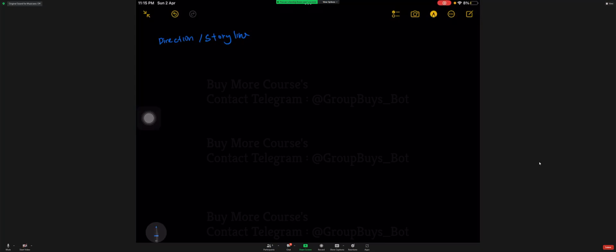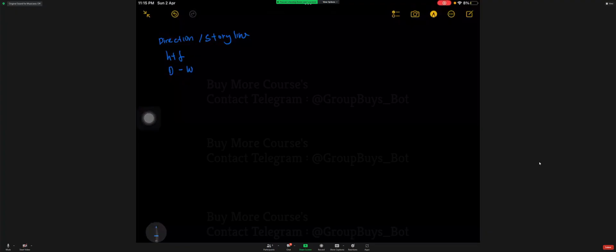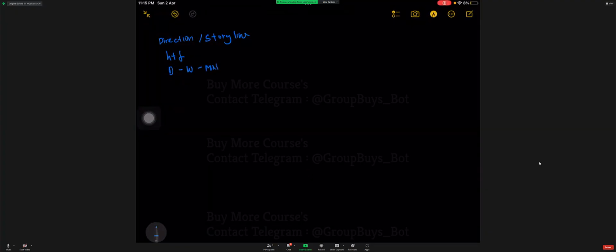Okay, both of these can be defined at the higher time frames, which are daily, weekly, and monthly. For example, weekly resistance, weekly support, right?